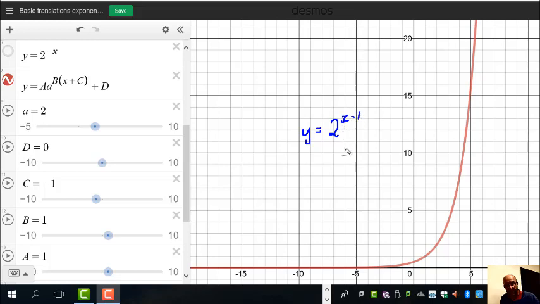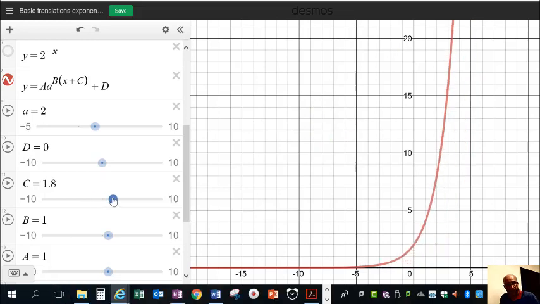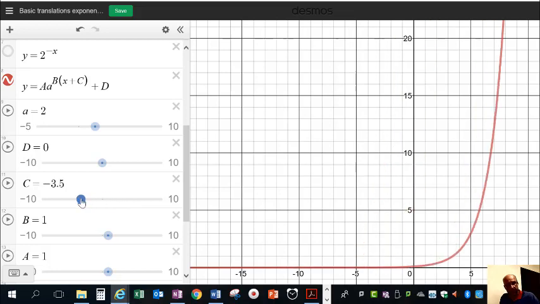Notice the x minus 1 is all in the index. So in general, c translates it sideways. When c is positive, it moves it to the left, and when c is negative, i.e. x minus, we have it moved to the right. It does not change the shape.